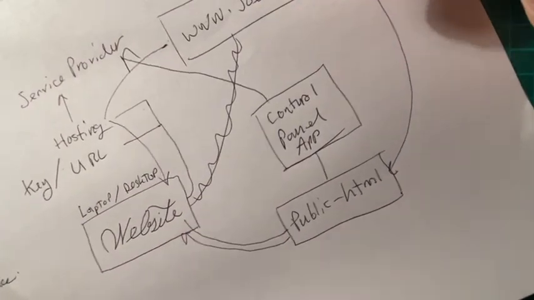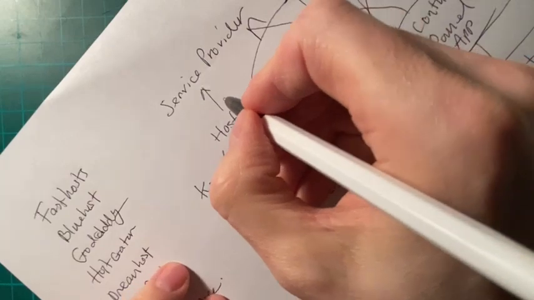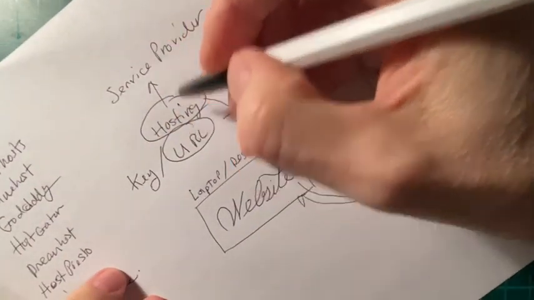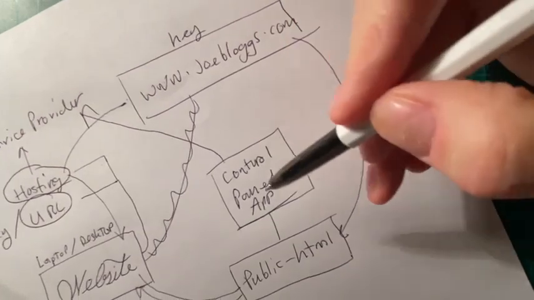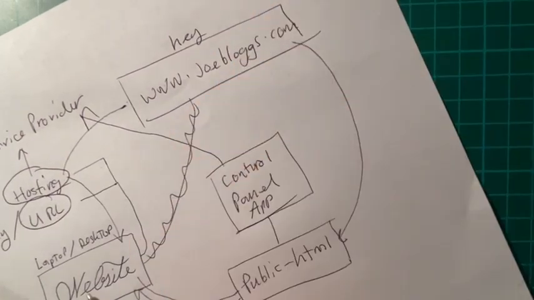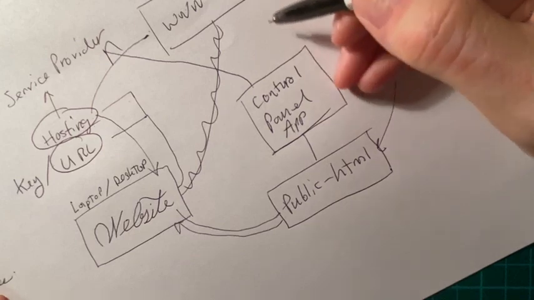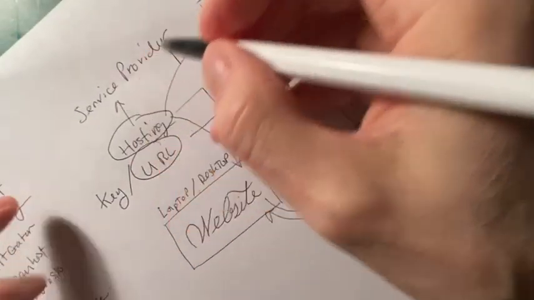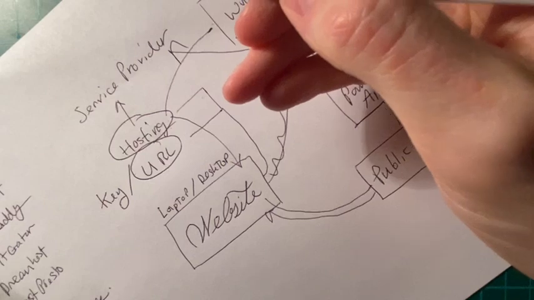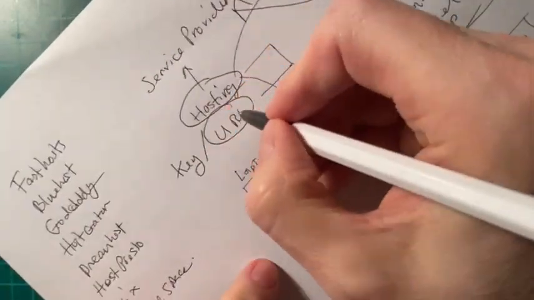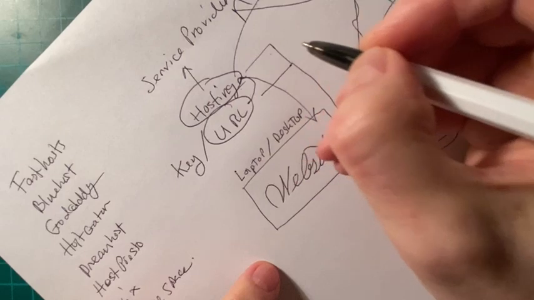So you need two things: hosting and a URL. Once you've got those two things, you'll get access to a control panel where you can upload your newly found website. You will tell the hosting company or the service provider that I want you to associate my URL to this hosting package.